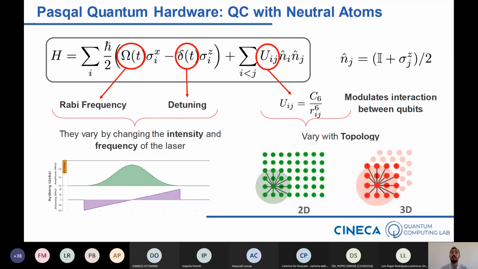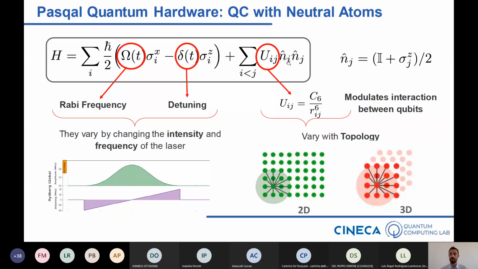The detuning modulates this term that is a phase gate, so something like Z. And these two terms, Ni and Nj, where Nj is defined in this way, basically give you the interaction term between qubits.